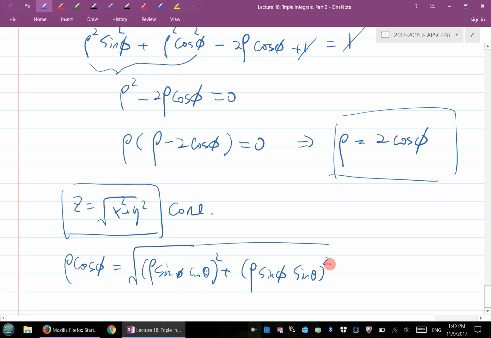Simplify this, and you get phi equal to pi over 4, like what I showed you before. So in spherical coordinates, the cone is just phi equal to 45 degrees.